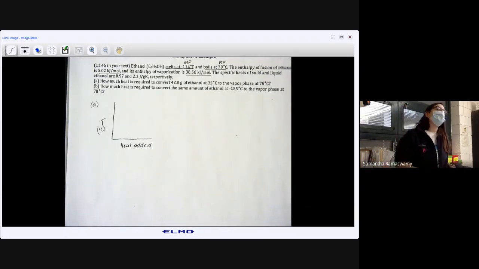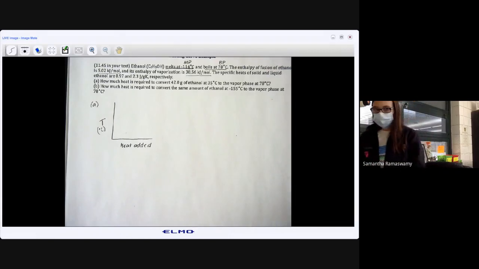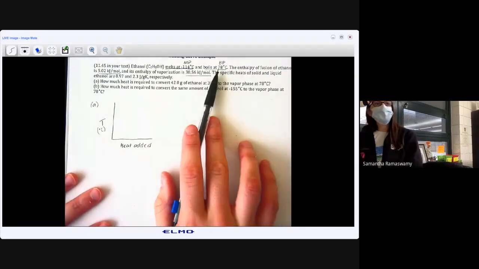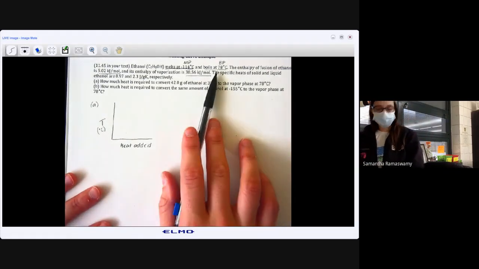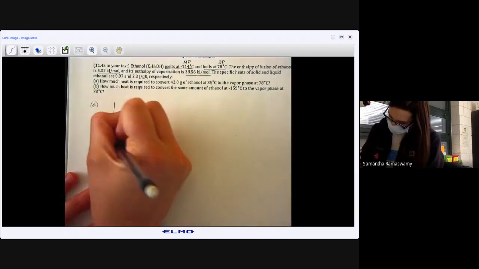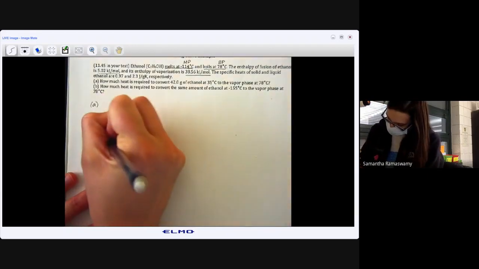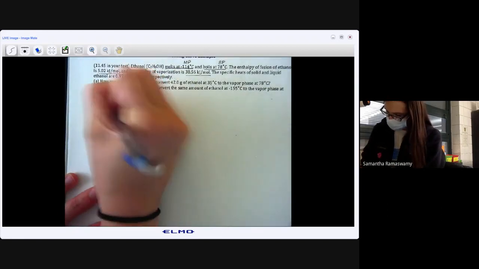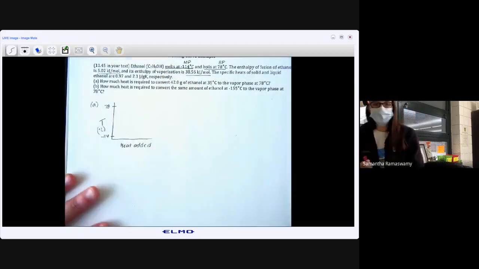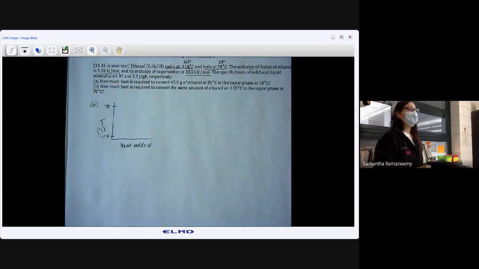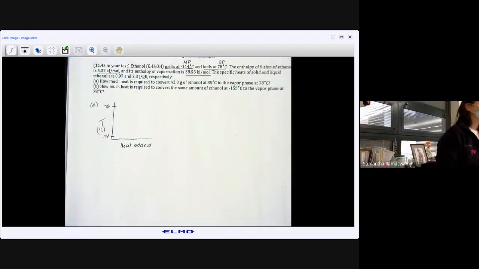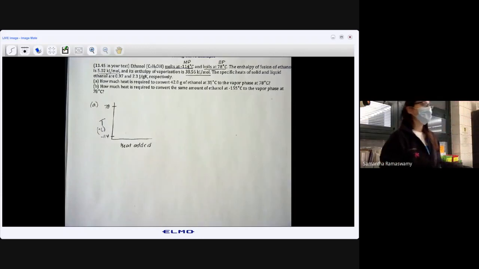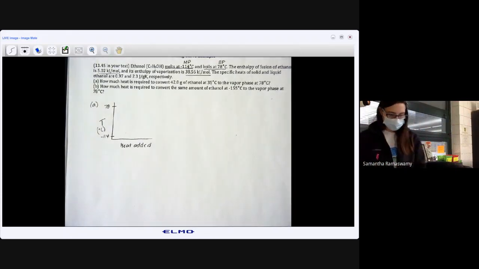On my Y-axis I like to put both the melting point and the boiling point so I can see where we are. Melting point, I'll put all the way down here at negative 114. Boiling point, I'll put up near the top at 78 degrees Celsius. I know my Y-axis is not to scale. That's fine. We just want this representation.